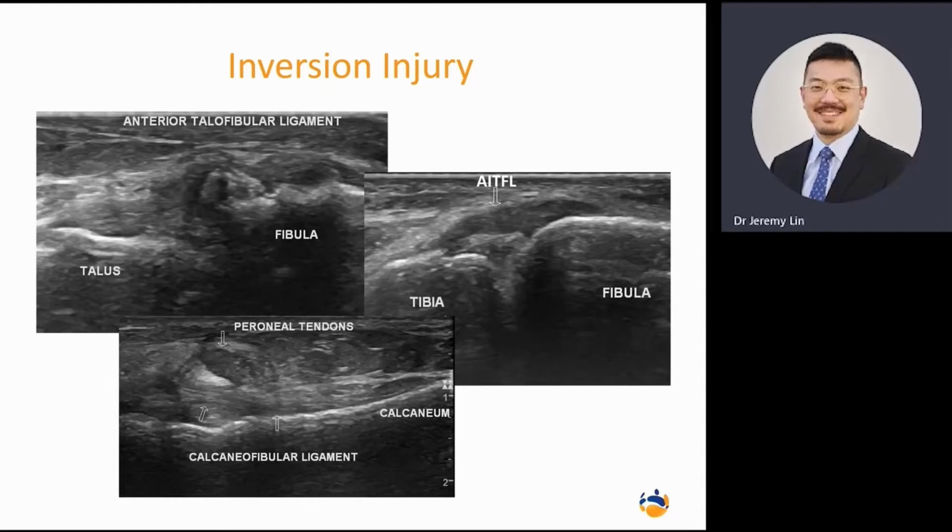And depending on how much widening there is, we would recommend orthopedic opinion or not. And then the last one is the CFL. And CFL, it attaches from the calcaneus to the tip of the fibula and is often injured at the same time when you have an ATFL injury. And in this situation, it's a little bit edematous, but you can still see intact striations.